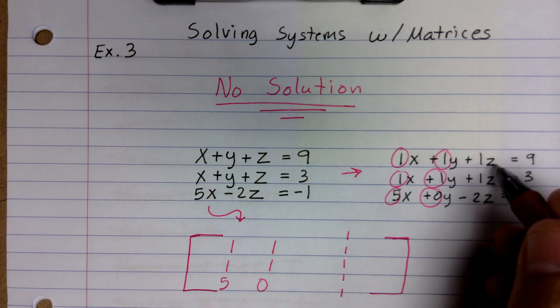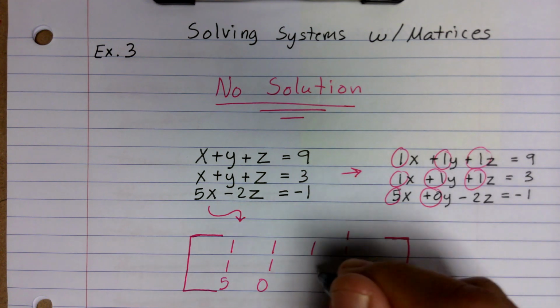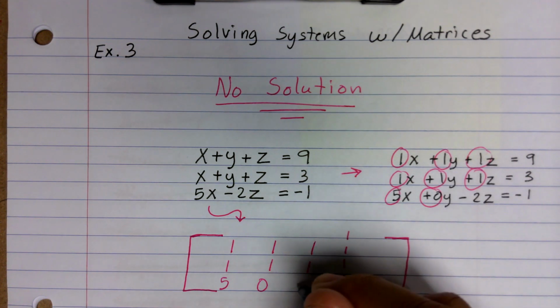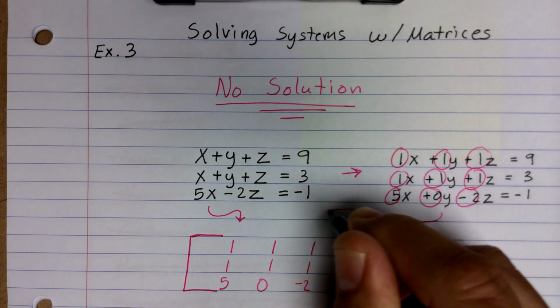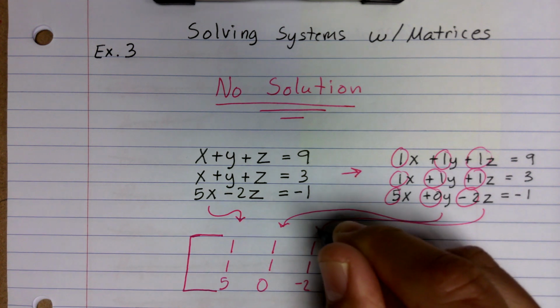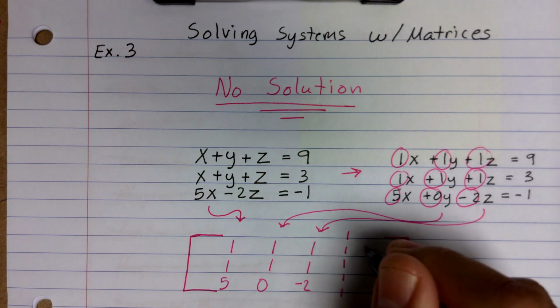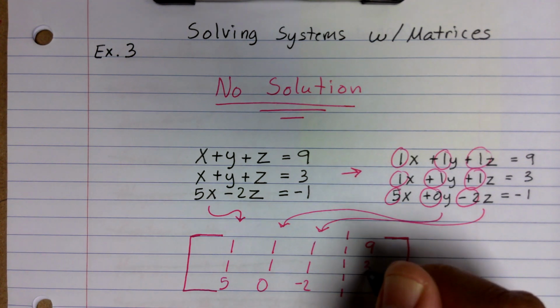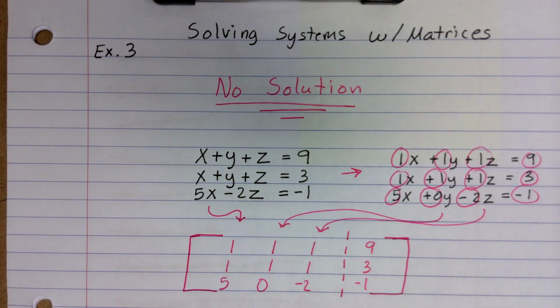And then for my z values, we have 1, 1, and negative 2. So notice we have our x values, our y values, and our z values. Now the last thing we've got to do is put our constant values in, which is 9, 3, and negative 1.